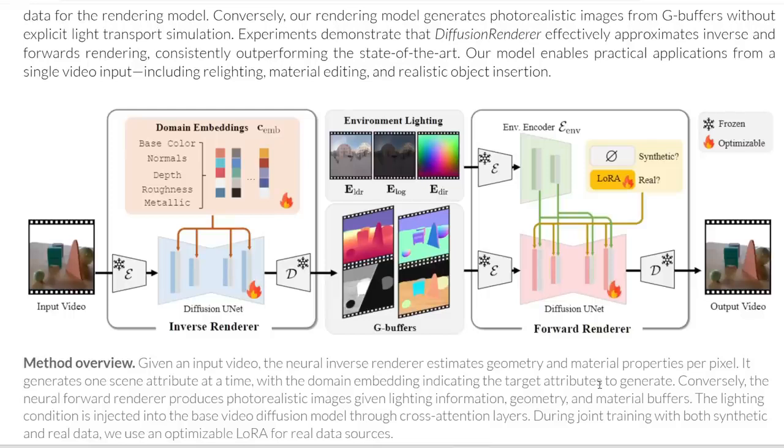And for your information, here's how it works. It first takes in an input video, and then runs it through a diffusion model. In this inverse rendering stage, it takes the video and estimates the color, depth, and other properties of the objects in it, one attribute at a time. Then it's passed on to this forward rendering stage, which takes those estimates and generates the new frame under different lighting conditions or whatever properties you specified to change.